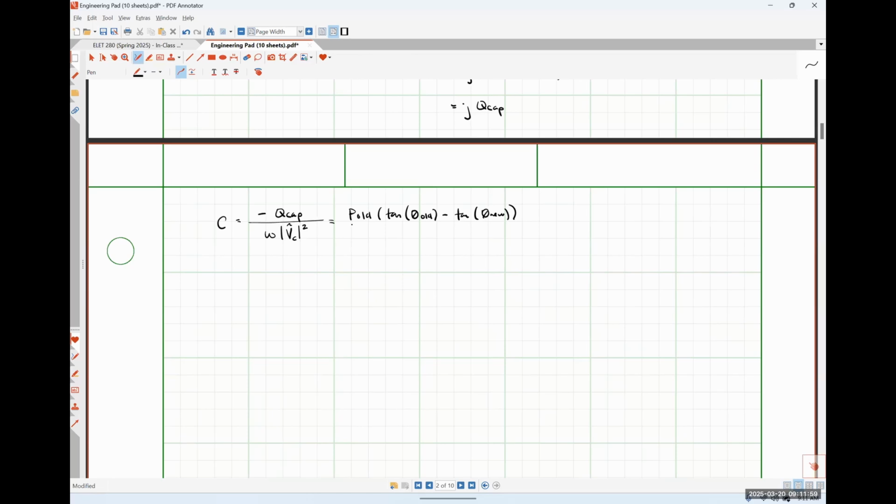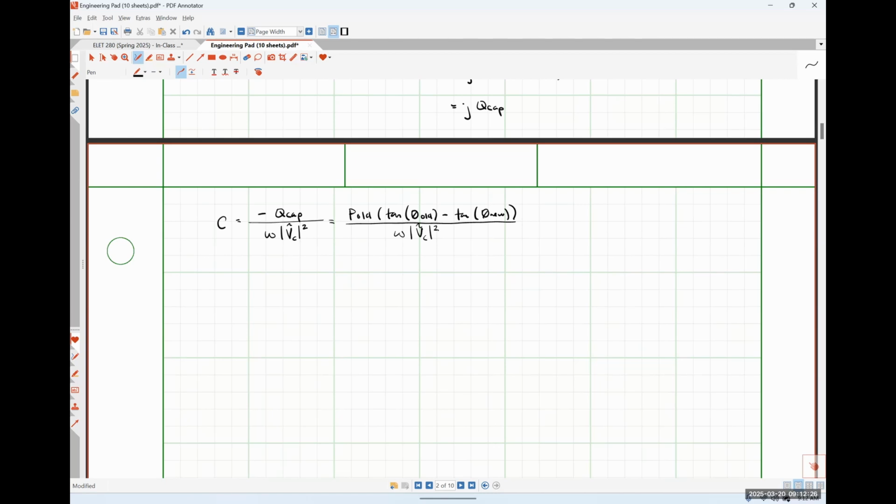For what it's worth, that numerator is literally just negative Q cap divided by omega times the voltage drop across our capacitor squared. So essentially, we can't put in our power factors directly, but we can put in our power factor angles, which we can get from our power factors really easily.